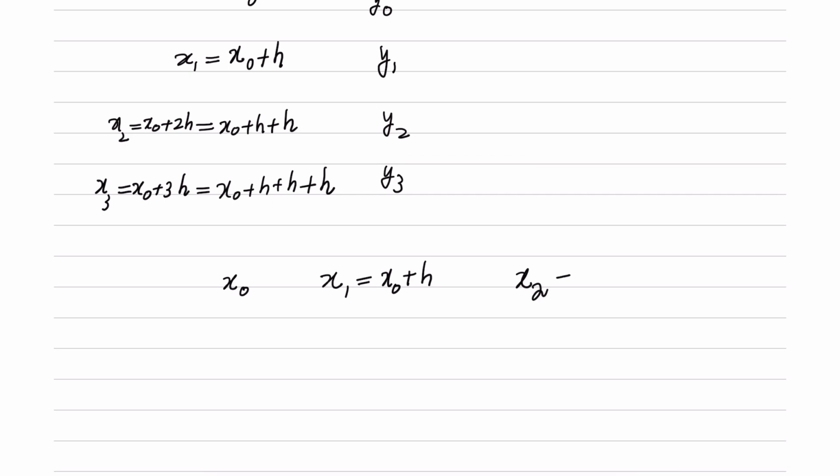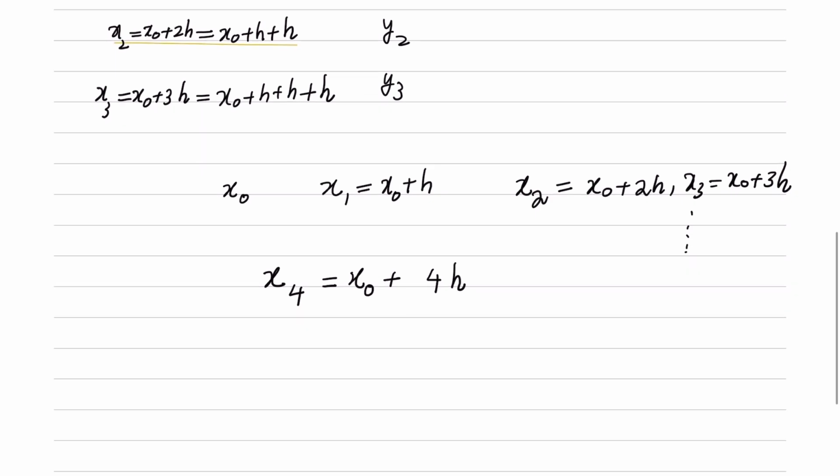but it is obtained by adding h to x0. x2 is obtained using this formula, x0 plus 2h. x3 is obtained as x0 plus 3h. So we can write in general, x4 could be written as x0 plus 4h if your data involves x4.